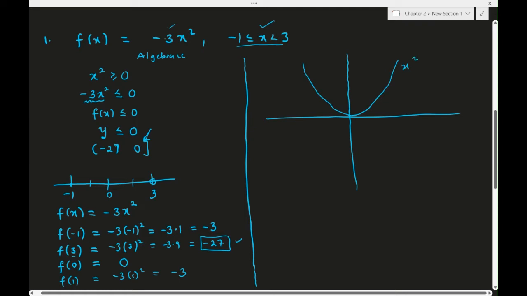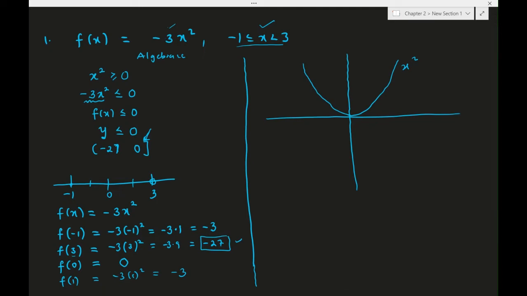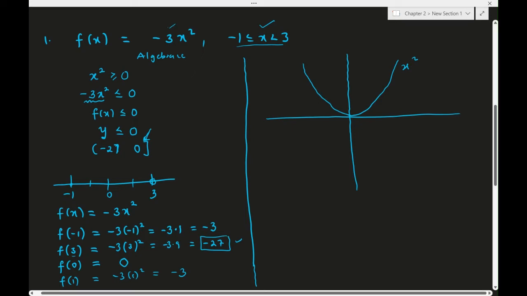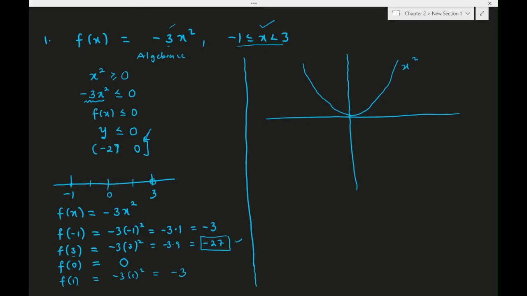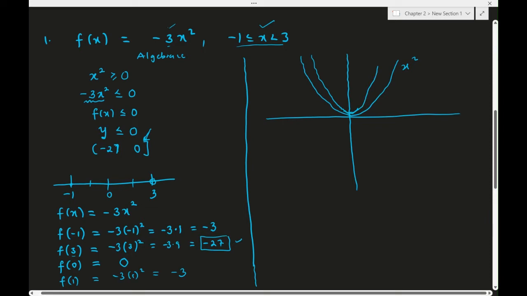Now you have a minus here. So this is like what? You reflect it across the x-axis, right? Or you can decide to multiply it by 3 first. If you multiply it by 3, this is just like you're stretching it, right? So let's say something like this.